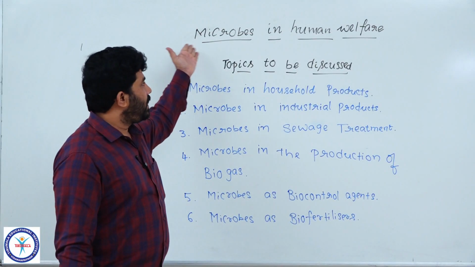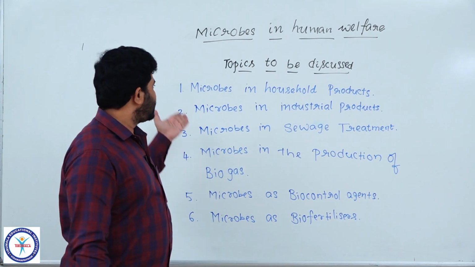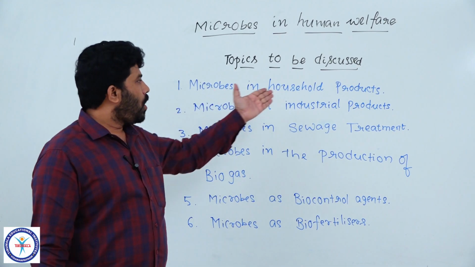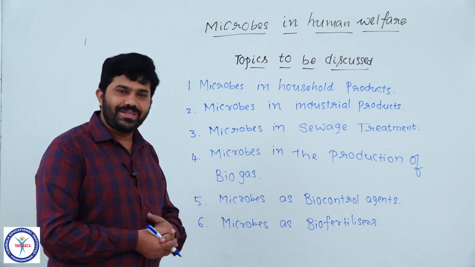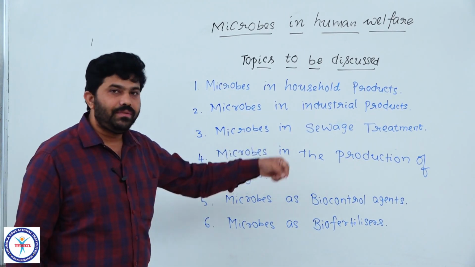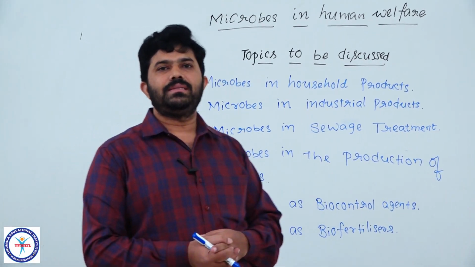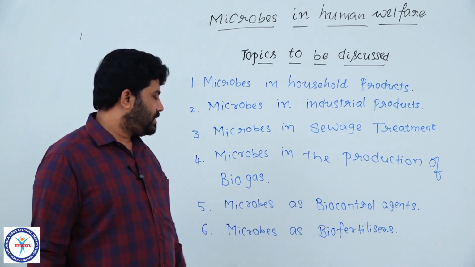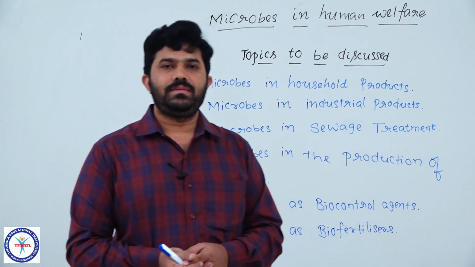In this chapter, microbes in human welfare, we are going to discuss the subtopics: microbes in household products, microbes in industrial products, microbes in sewage treatment, microbes in the production of biogas, microbes as biocontrol agents, and microbes used as biofertilizers.